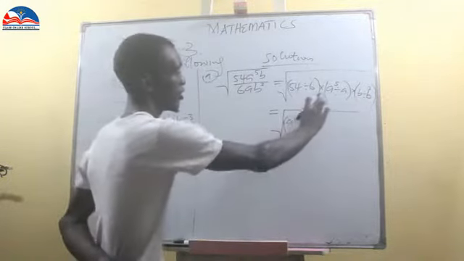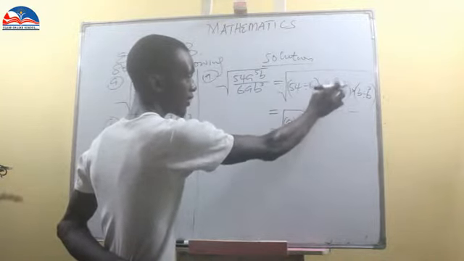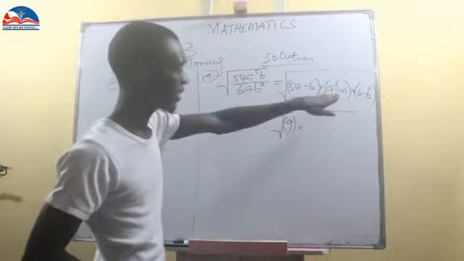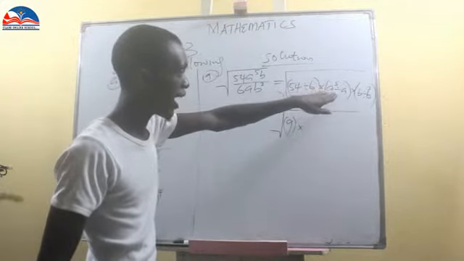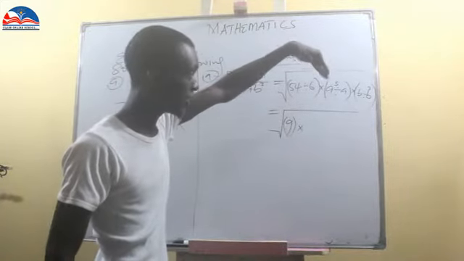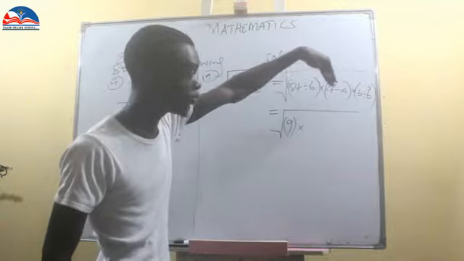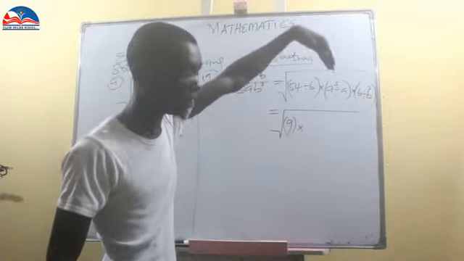now, this a^5 divided by a. Since the two bases are equal, you apply the law of division: you subtract the two indices.